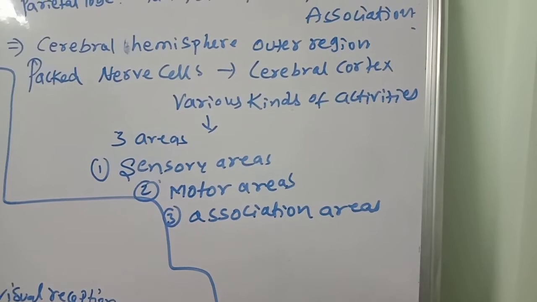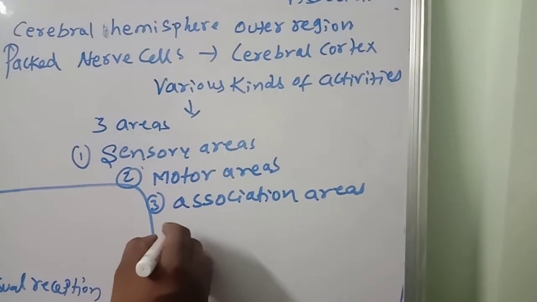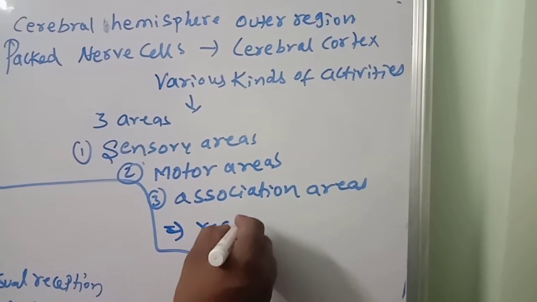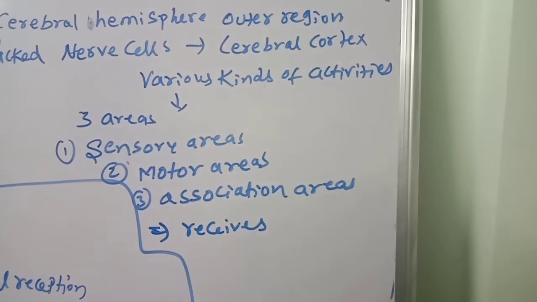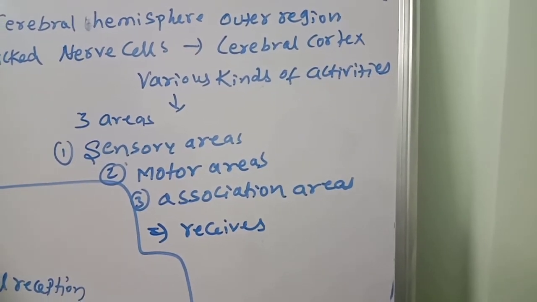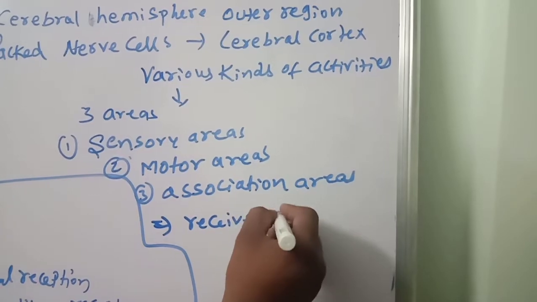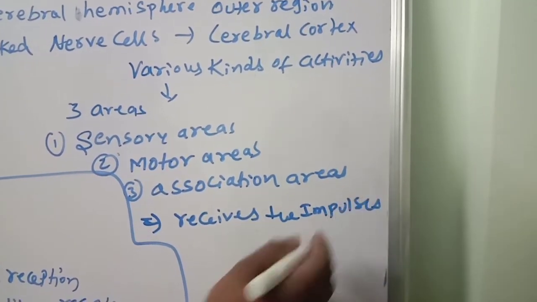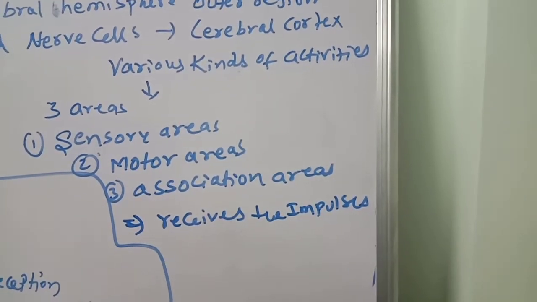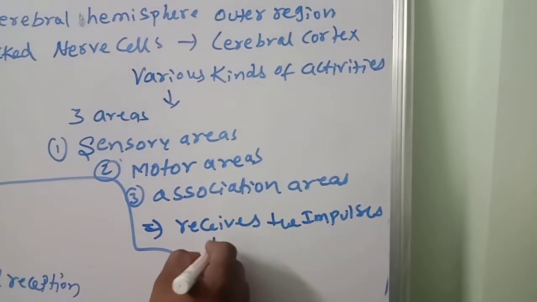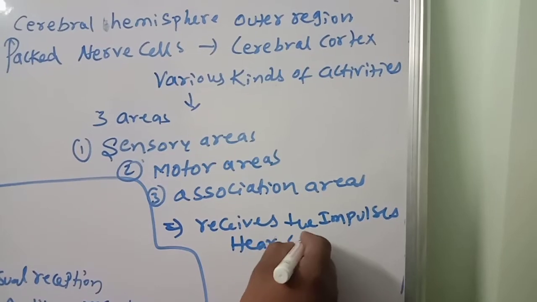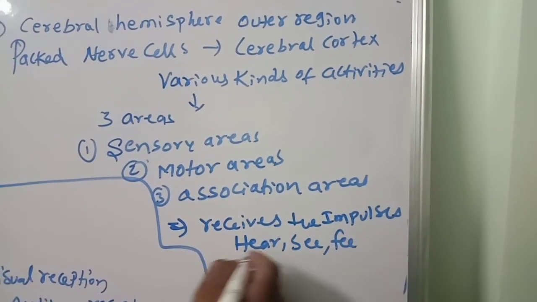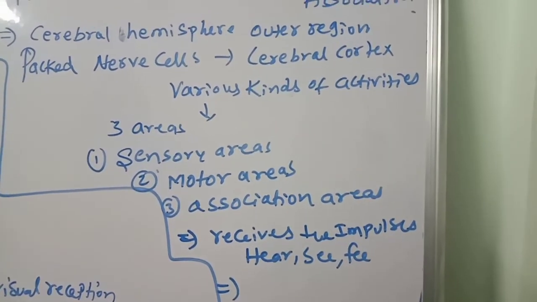What are the sensory areas? They receive the impulses. What you hear, what you see, what you feel, that kind of information goes to the sensory areas.